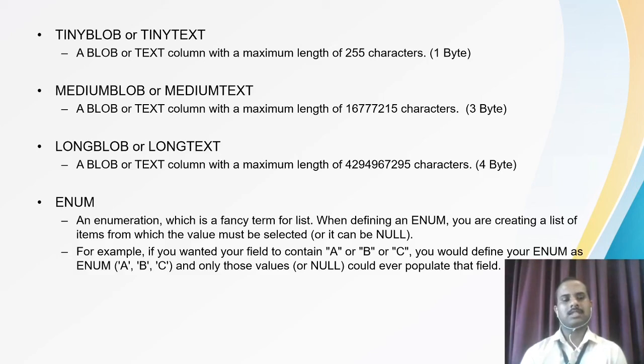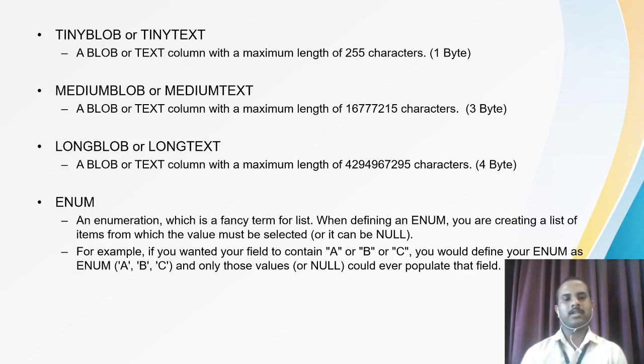And the last one is enum. Enum is an enumeration, which is a fancy term for a list. When defining the enum, you are creating a list of items from which the values are selected. Similar to other programming languages, here also you can create your own data type.